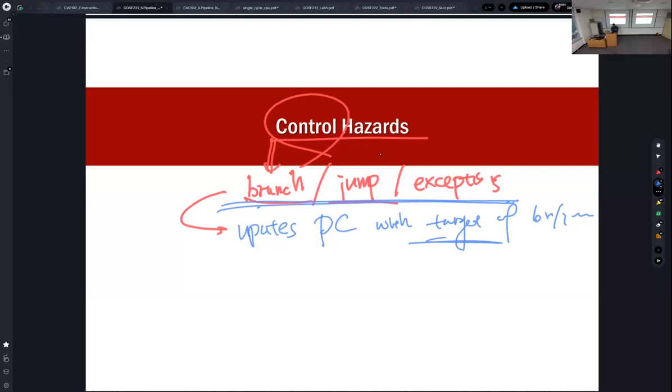But when these instructions update the PC with their target, clock cycles are wasted. Then why?